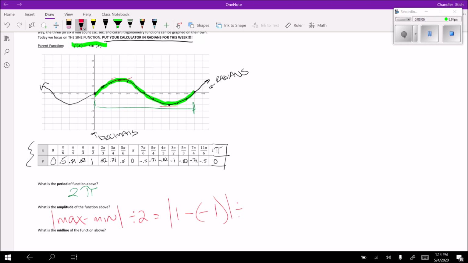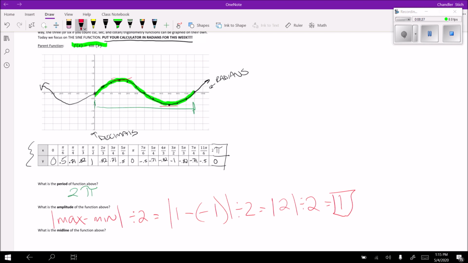And then divide it by 2. 1 minus negative 1 would be negative 2. So we have the absolute value of 1 minus negative 1 is 2, divided by 2, which is 1. I know that's kind of backwards math there, but the amplitude in this case is 1.